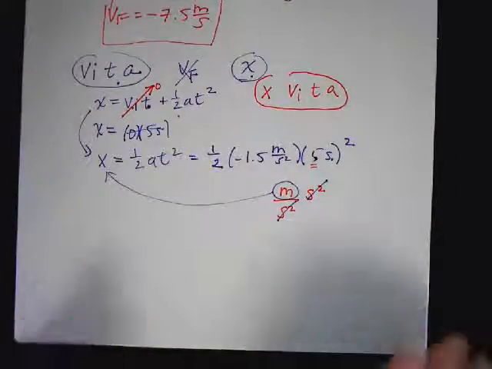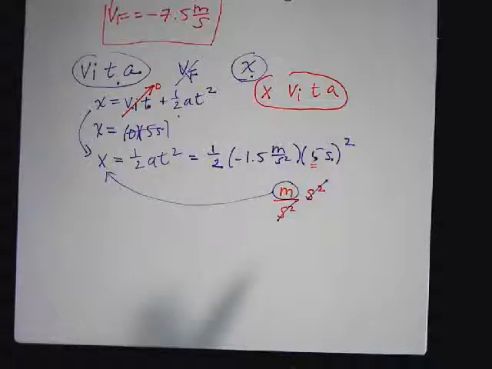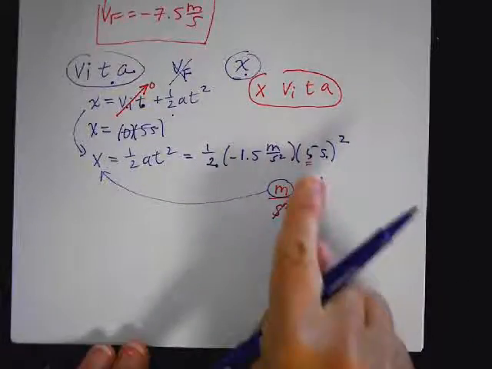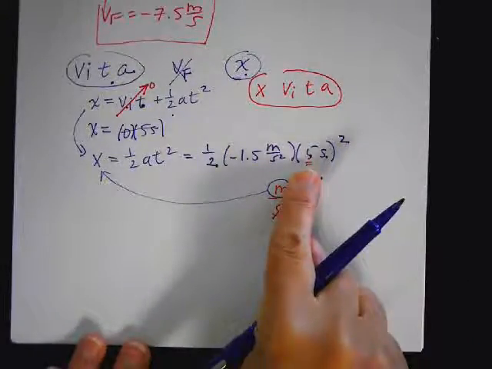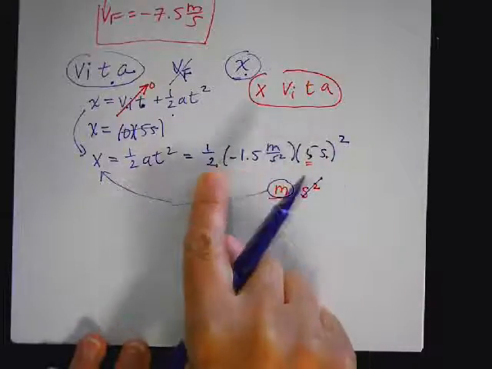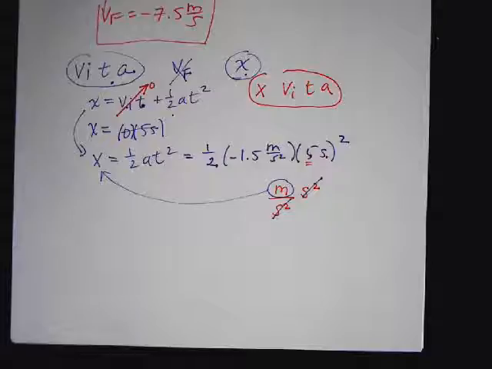So then 25 times 1.5 divided by 2 comes out to be 18.75, but I'll put it in two significant figures. So 18.75 meters, my final answer is going to be 19 meters.